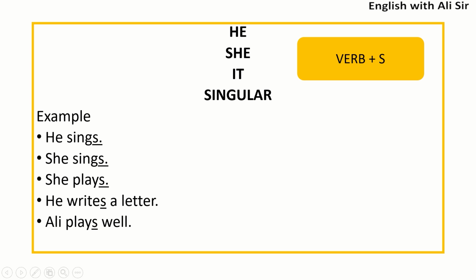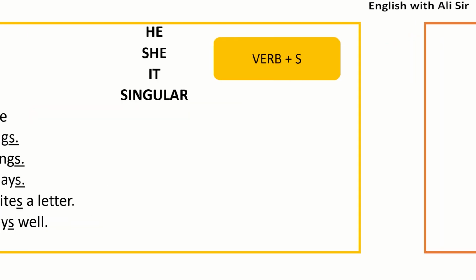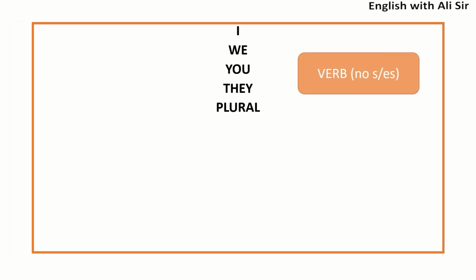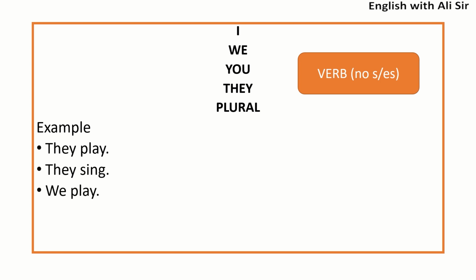And for I, we, you, they, and plural persons or things, we use the base form of the verb without s. For example, they play, they sing, we play, kids play, children fly kites.